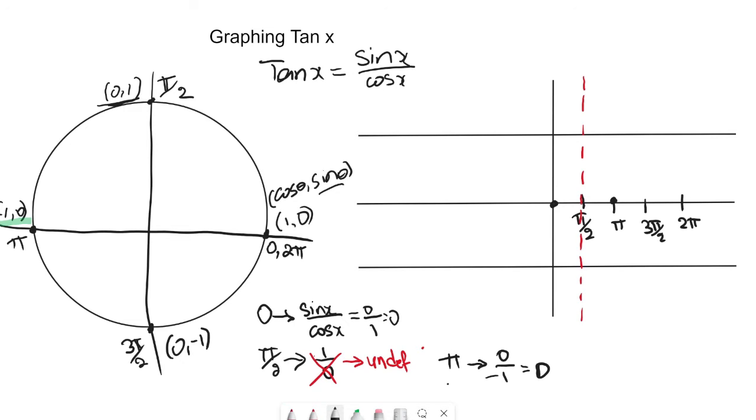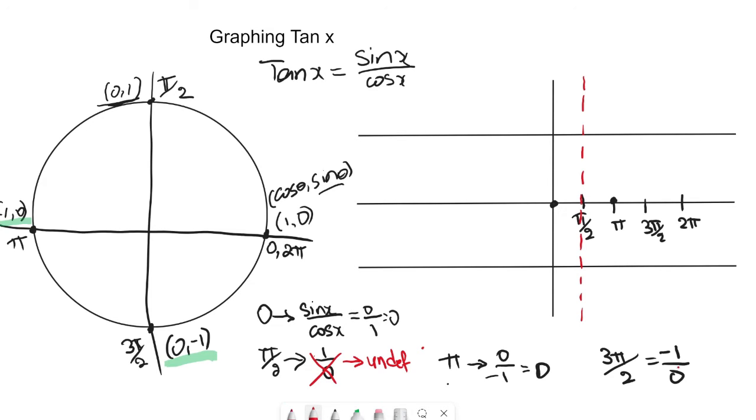Now, we can keep doing this. If we go to 3 pi over 2, sine is negative 1 divided by, again, 0.